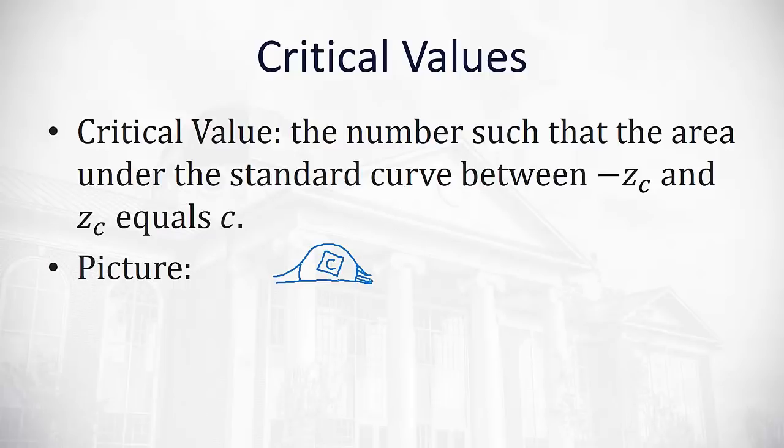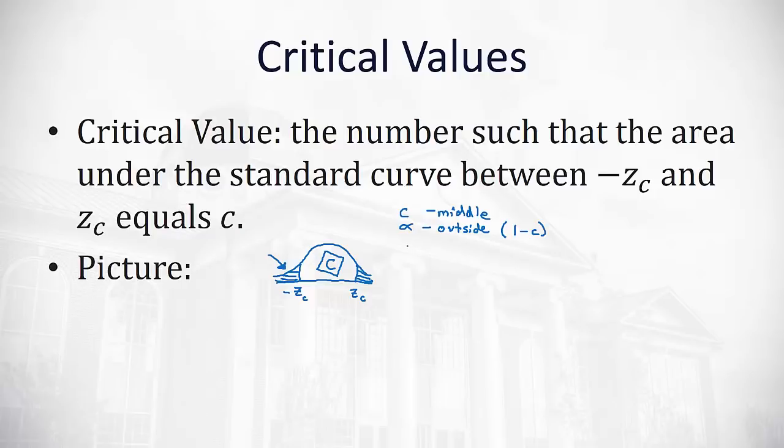That means there's a little bit left on the outside on both the left and right side. So if c is in the middle, we'll have what's called alpha, which is the area on the outside. To calculate that, if 1.0 represents all the area, 1 minus c will give us the alpha. And then, to find that z sub negative c and z sub c, we're going to be most interested in this left tail because that's what our tables in Excel will give us.